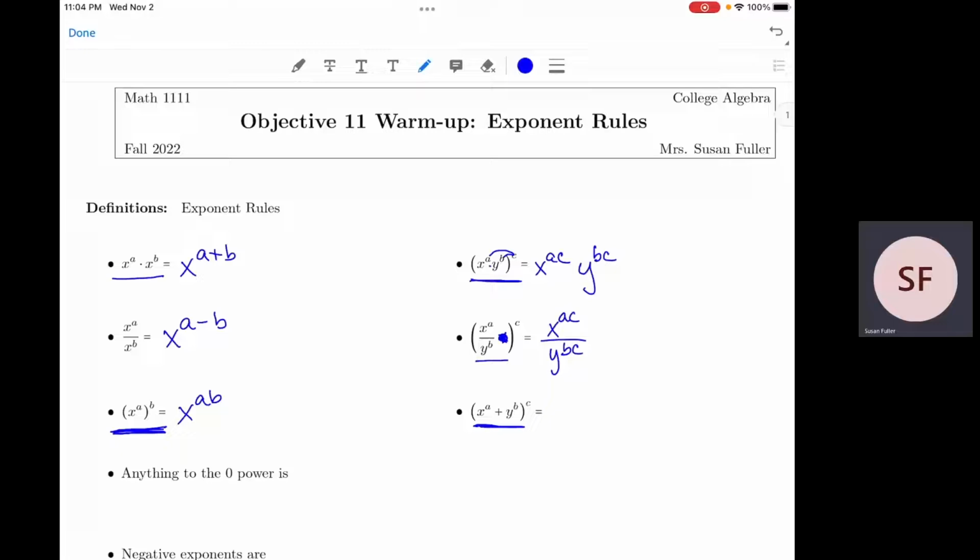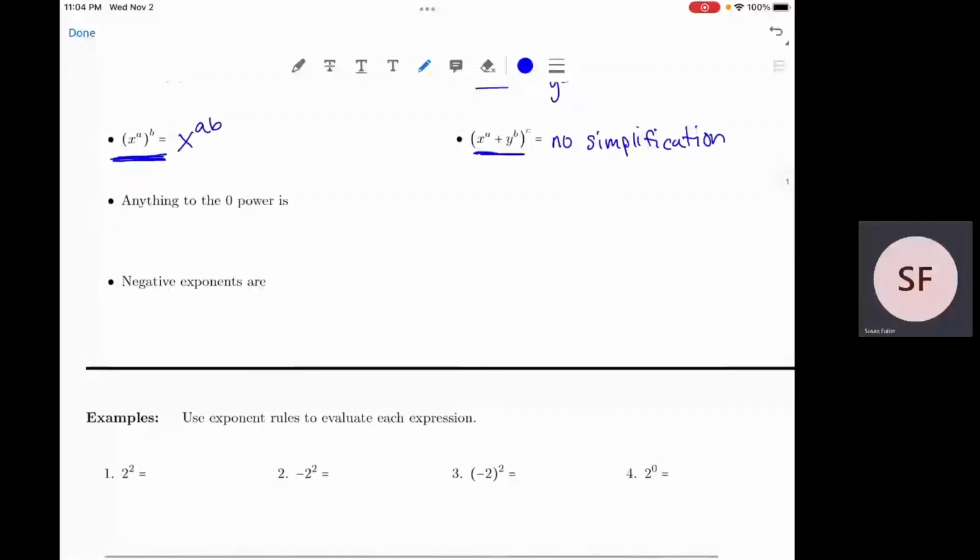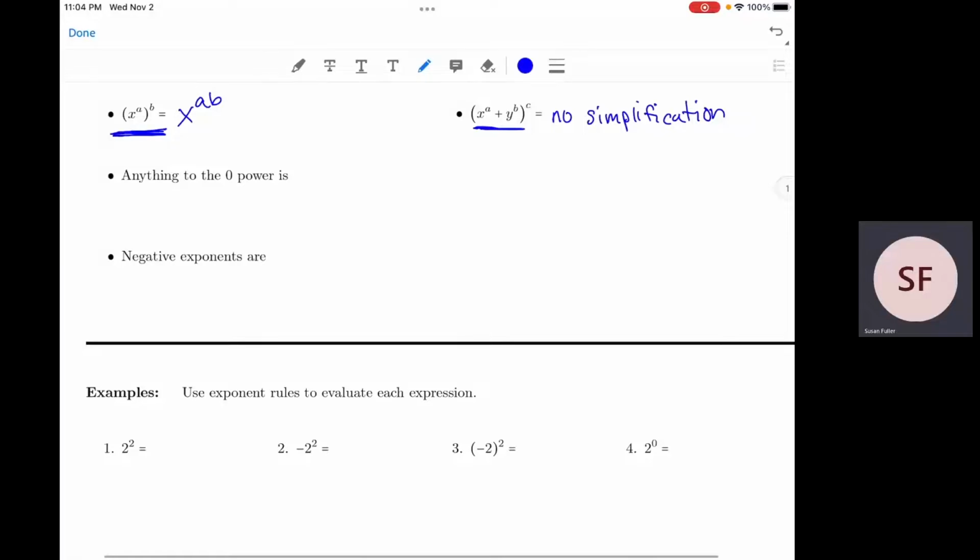This addition is going to ruin this for us, and there's no simplification that we can do for this problem. It's important to understand when you can simplify and when you can't. That's an important distinction, and I want you to be familiar with that. So generally, addition and subtraction are going to ruin our algebra parties. So if there's addition inside, you cannot simplify that.